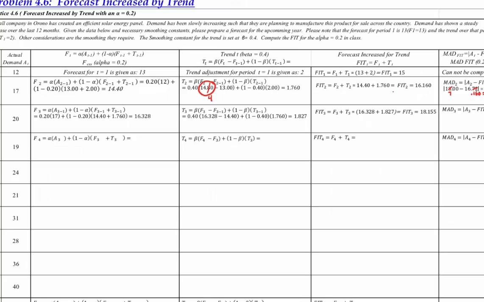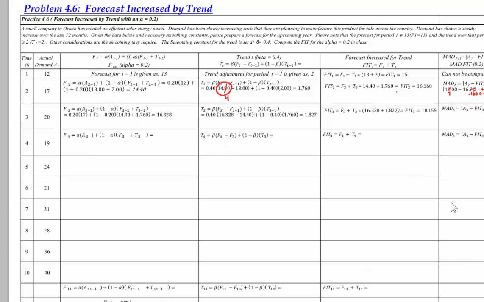Now the next thing I want to tell you is that when we compute the FIT model, we're always going to be working from left to right. If you look at the document in front of you, before we've always gone down this way, but now we're not going to go down, we're going to go across.